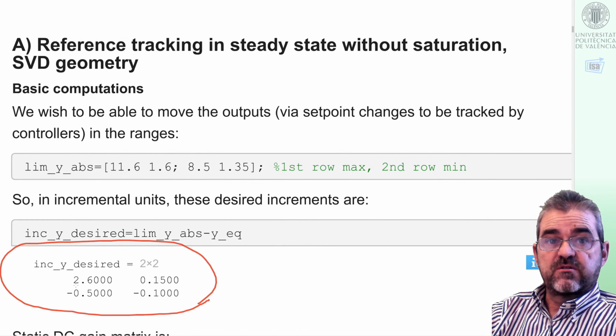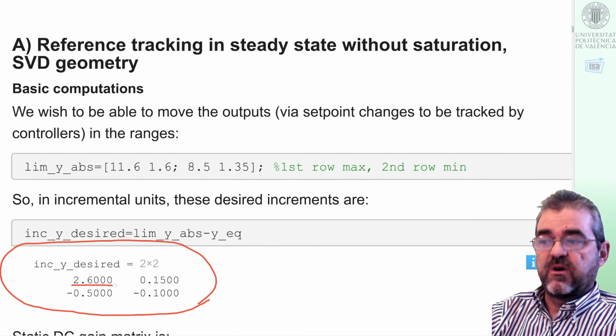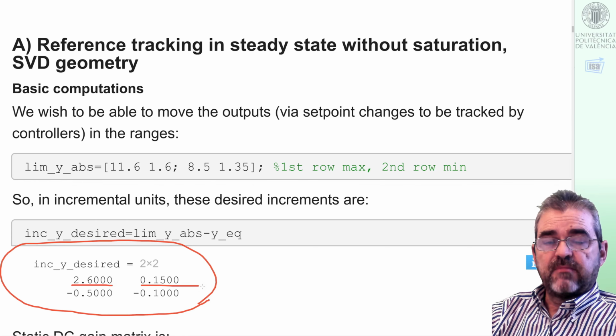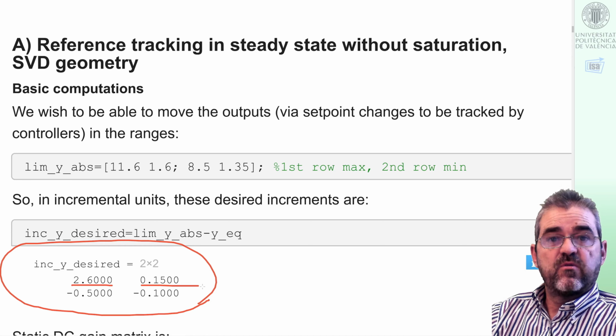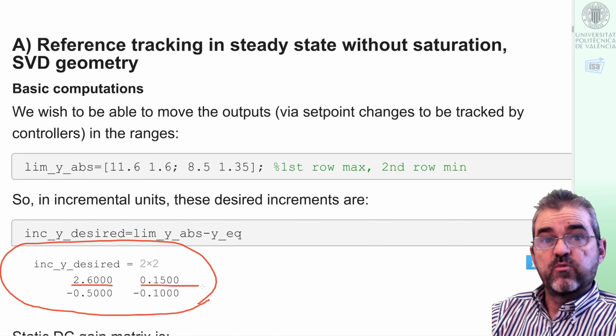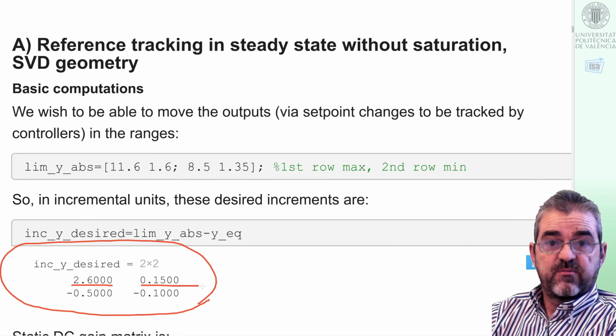Then the most stringent case will be the one with maximum absolute value increments, because transient analysis will use symmetrical SVD sphere geometry. Then in this case the worst case is 2.6 and 0.15, so that we'll build again a diagonal output scaling matrix for setpoint tracking tasks.